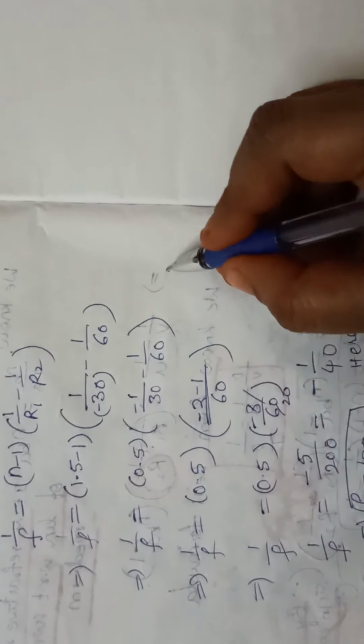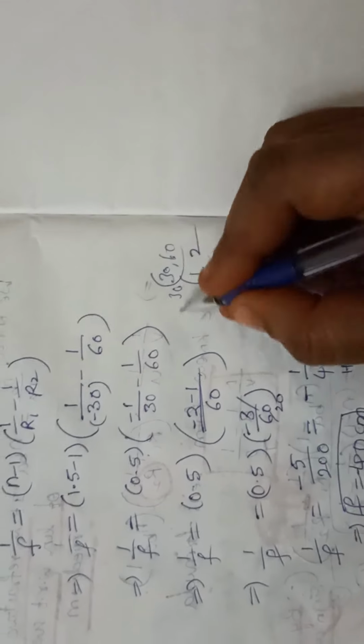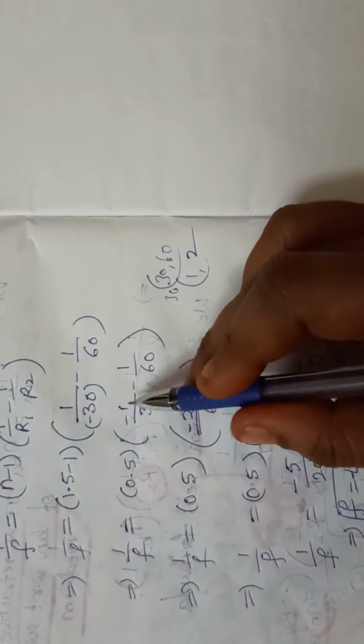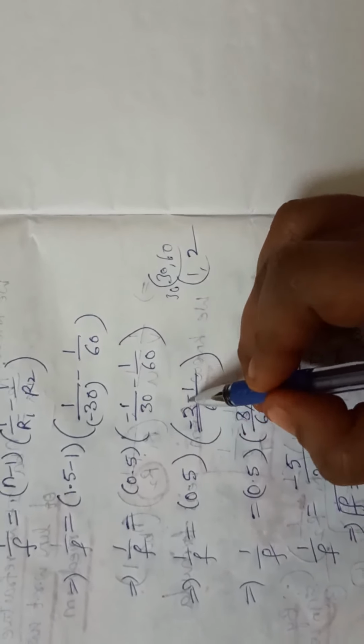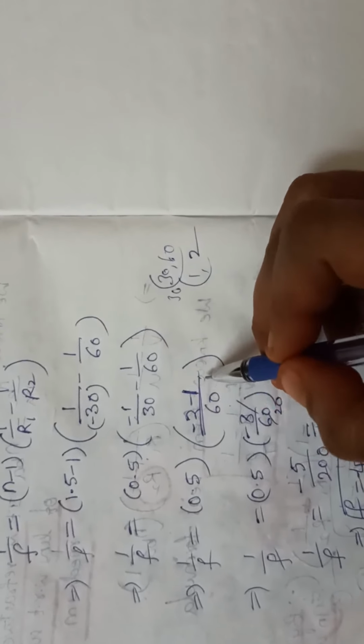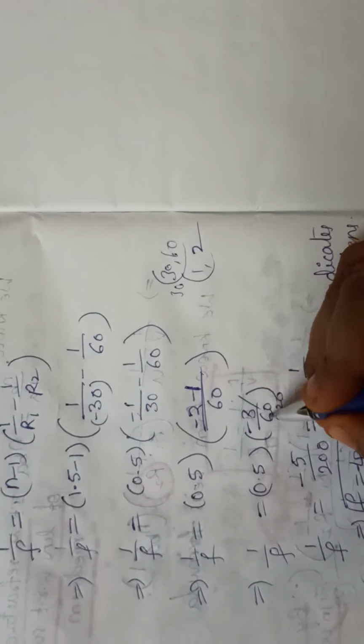Take the LCM here, 30 and 60, LCM we are taking as 60. So 30, 2s are 60, minus 1 into 2, minus 2; 60, 1s are 60, so here we will get 1 into 1, minus 1. So 0.5 into (minus 2 minus 1), minus 3 by 60.